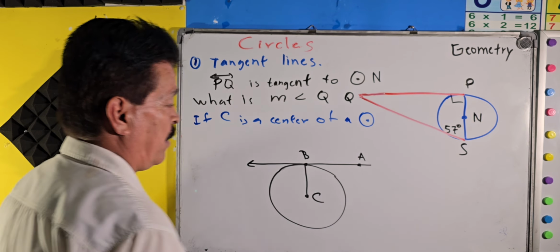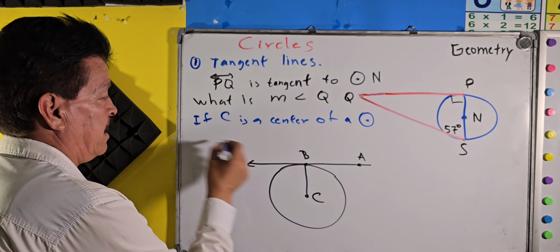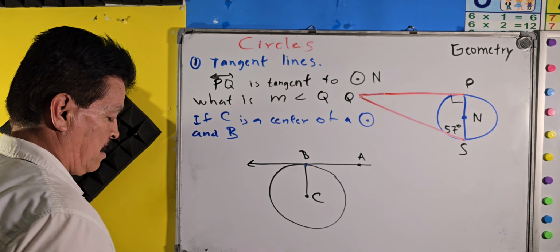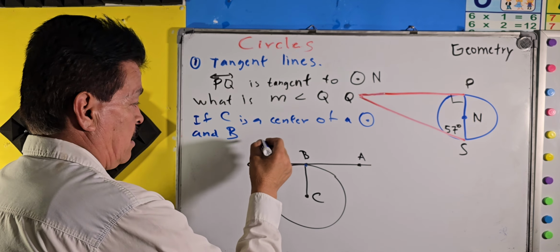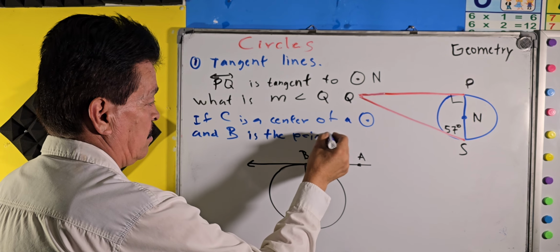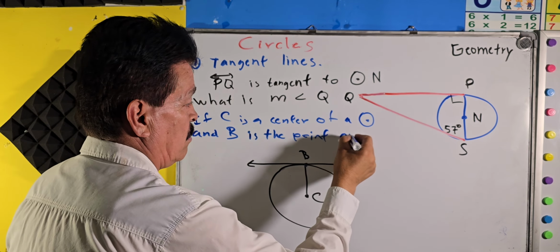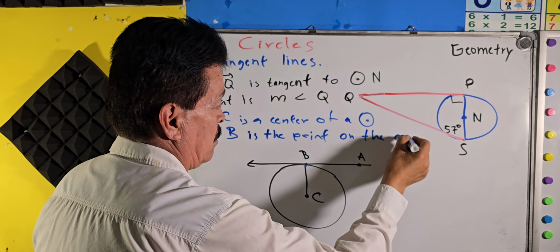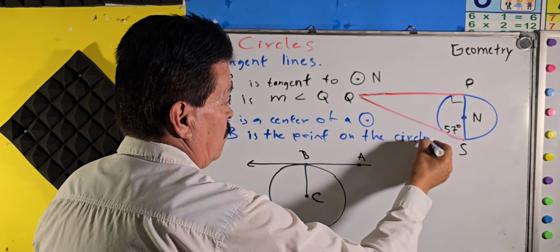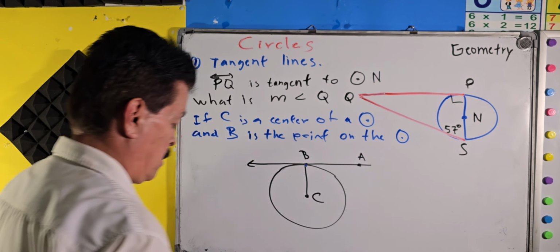The symbol of a circle, and here at B, we have this other point. B is the point. It's very important. B is a point on the circle. Very important. Let me use the symbol right here, the circle.